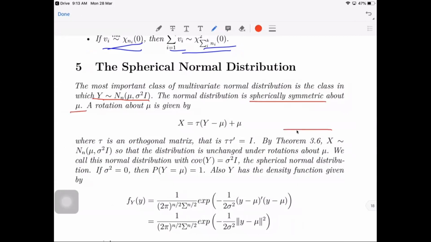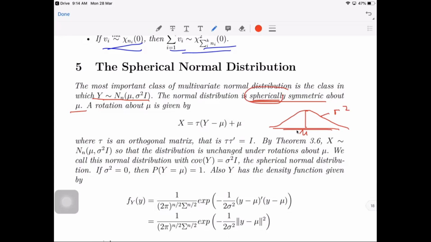If you have just the univariate case, you often see this distribution with mu here and a variance sigma squared. When you have the multivariate case, where your random variables are now in terms of vectors and matrices, you will have something like a sphere, no? A sphere in three-dimensional space.